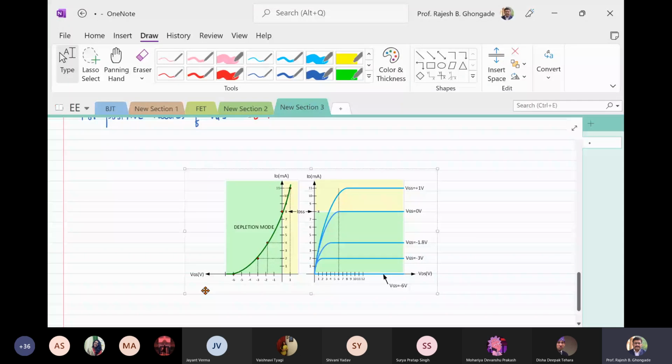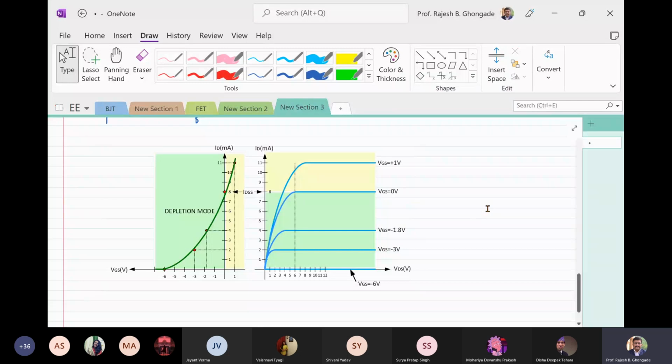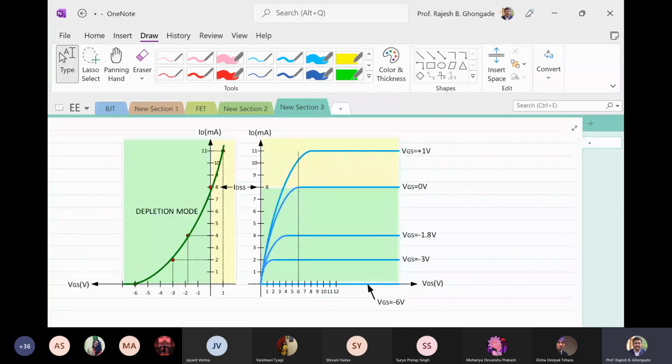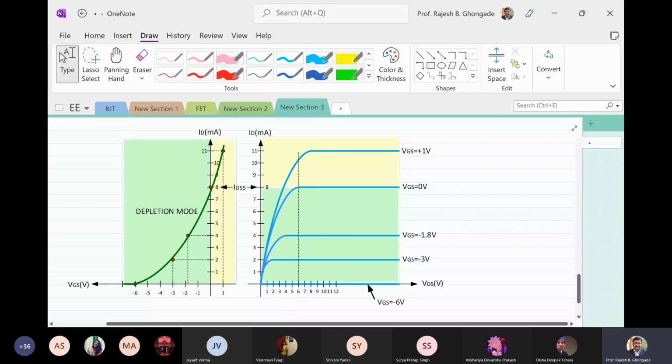Okay. So now what you're looking at is both the transfer characteristics as well as the drain characteristics. I've combined them and put them side by side. Is the screen visible? Yes, sir, it is visible. Check your internet connection. So what are you looking at right now?